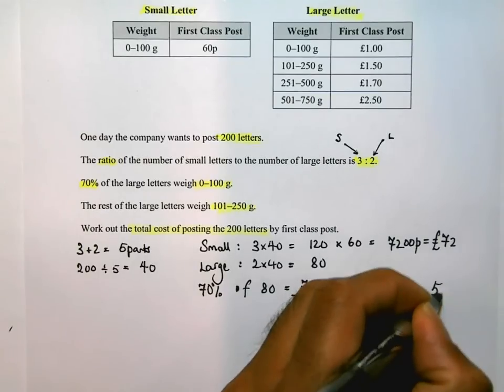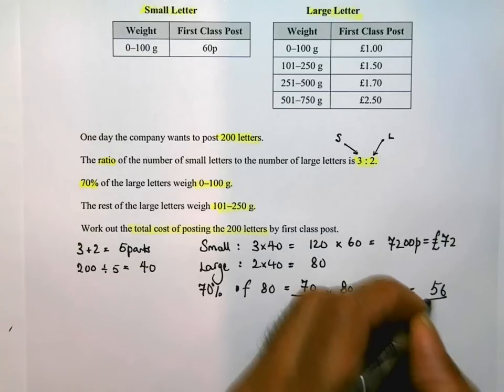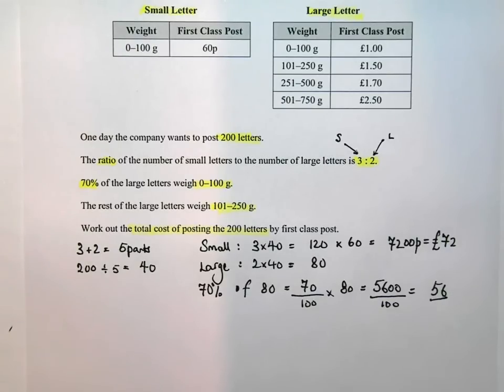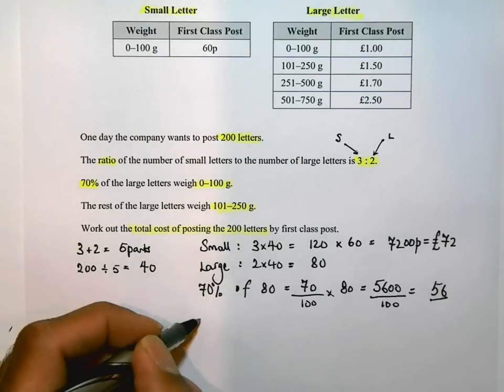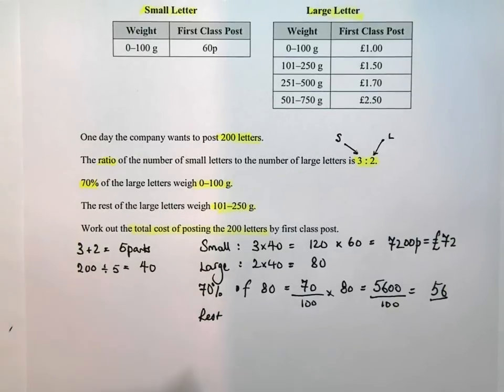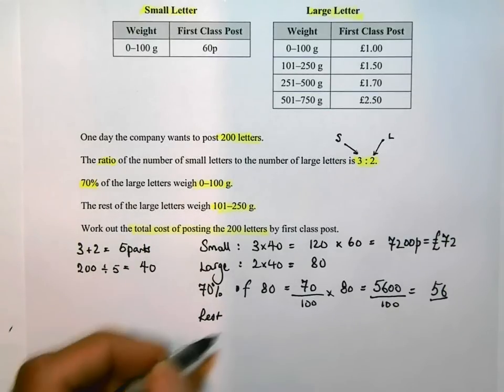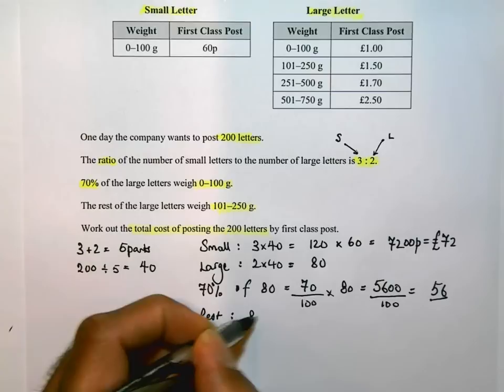So what that tells me is 56 of the letters are 0 to 100 grams. If 56 are 0 to 100 grams, the rest are 101 to 250. That's going to be 80, take away 56, and that's 24.